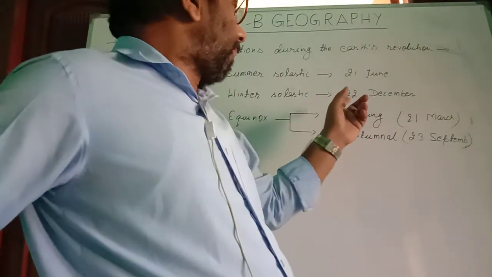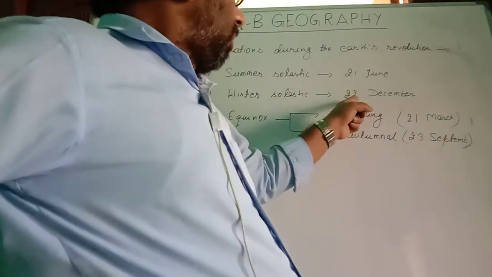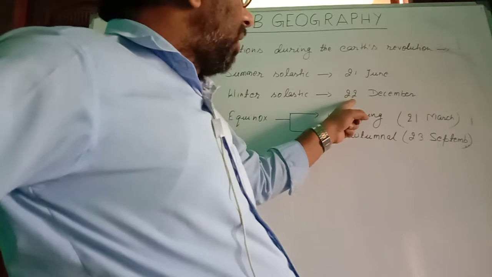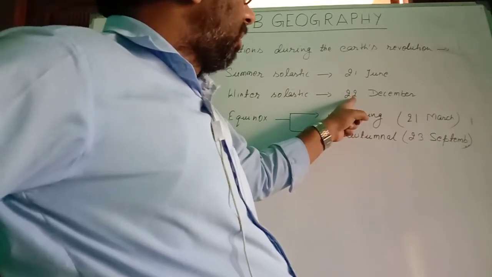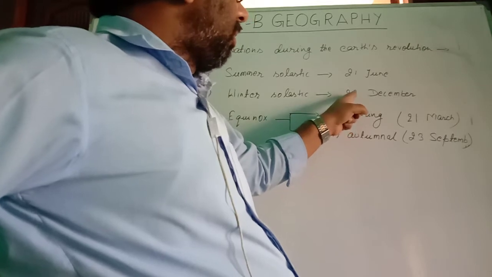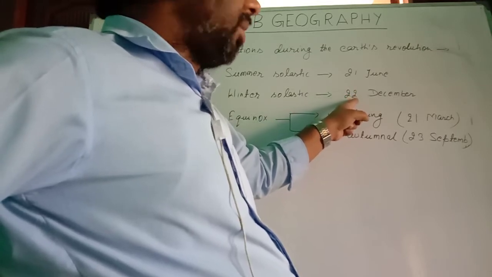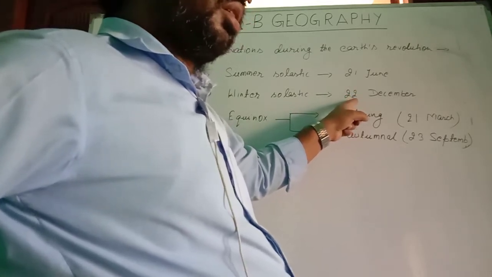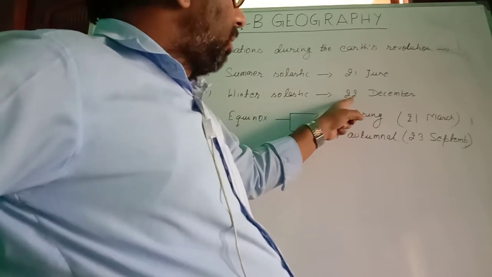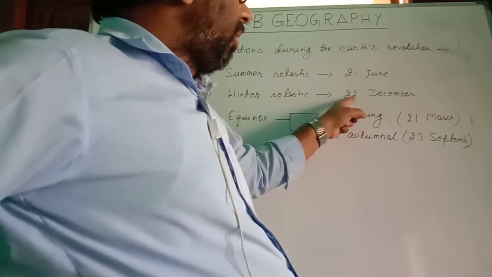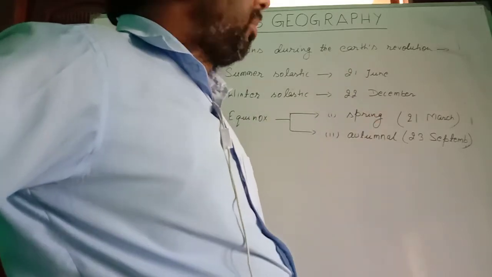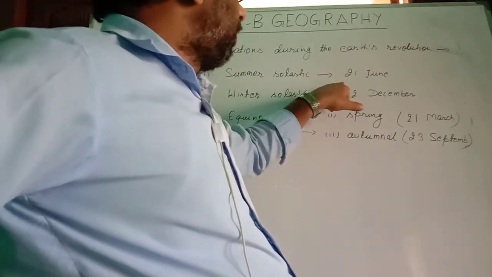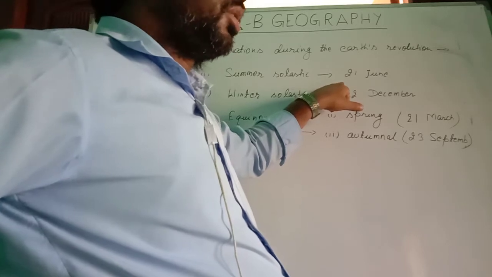While the sun shines above the Tropic of Capricorn on 22nd December, we say in the southern hemisphere, that time the northern hemisphere will experience the winter season.